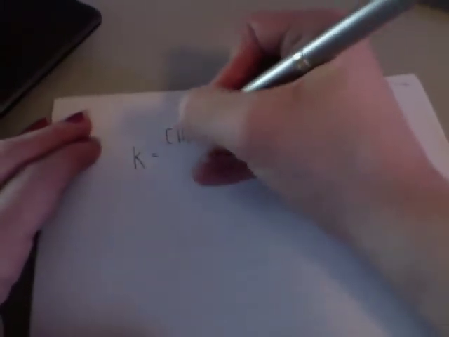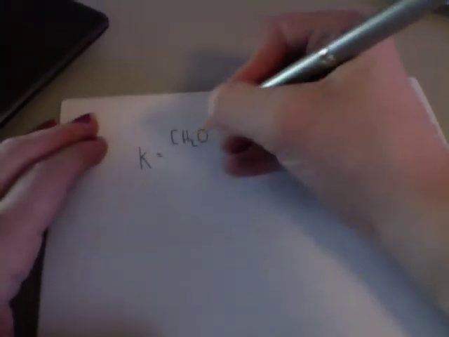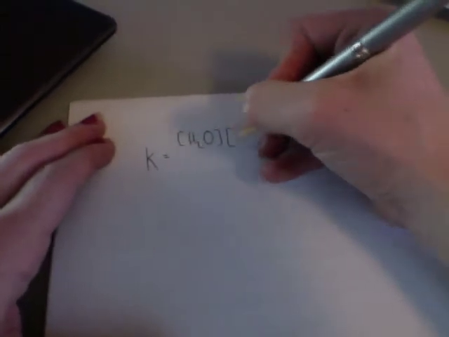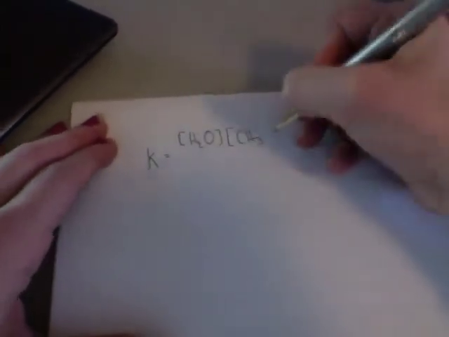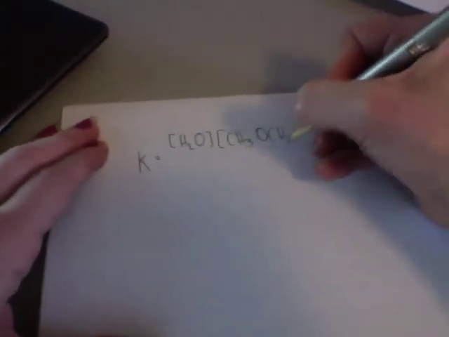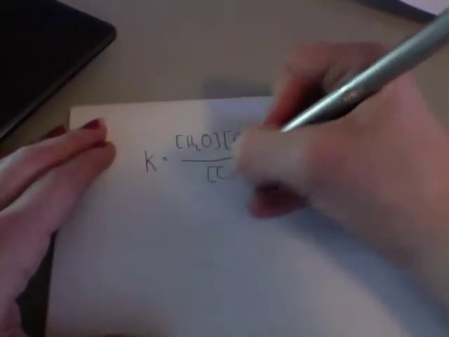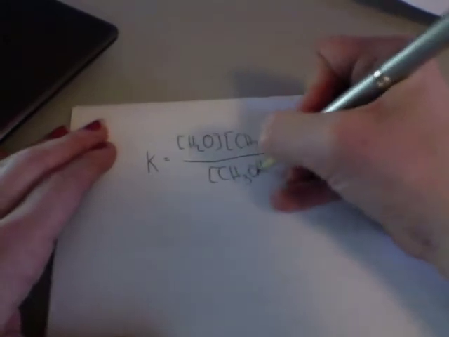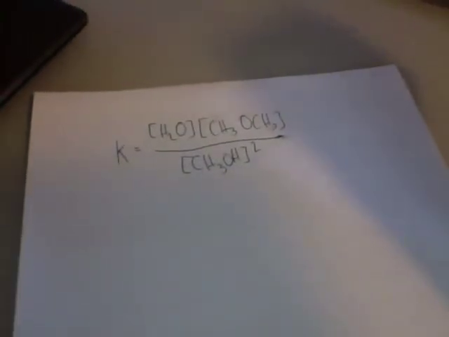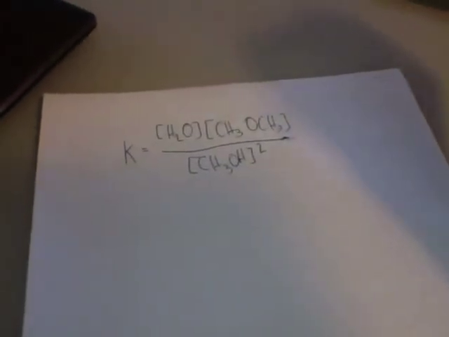So K equals the concentration of H2O times the concentration of CH3OCH3, divided by the concentration of CH3OH squared. See if we got that right. Excellent. 79% of the state got that right.